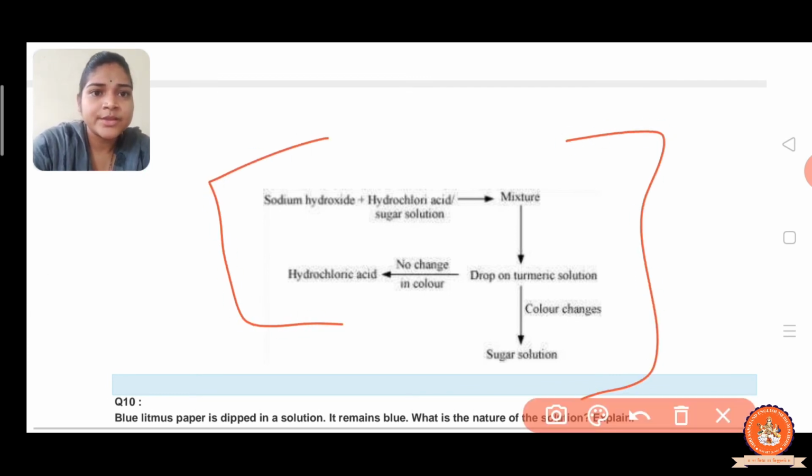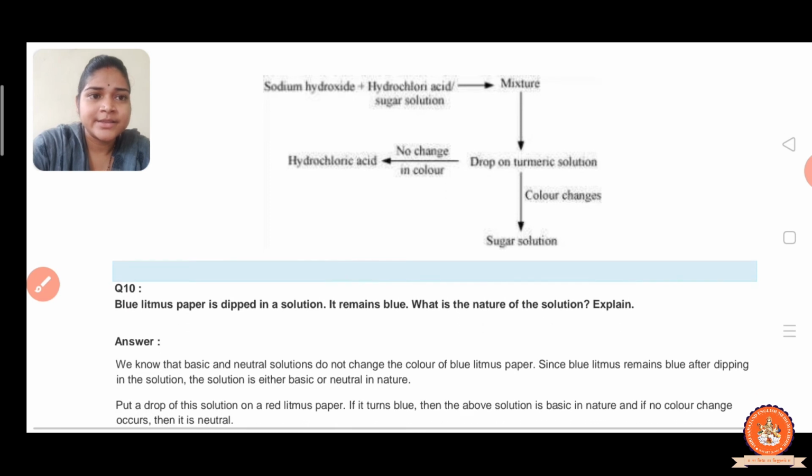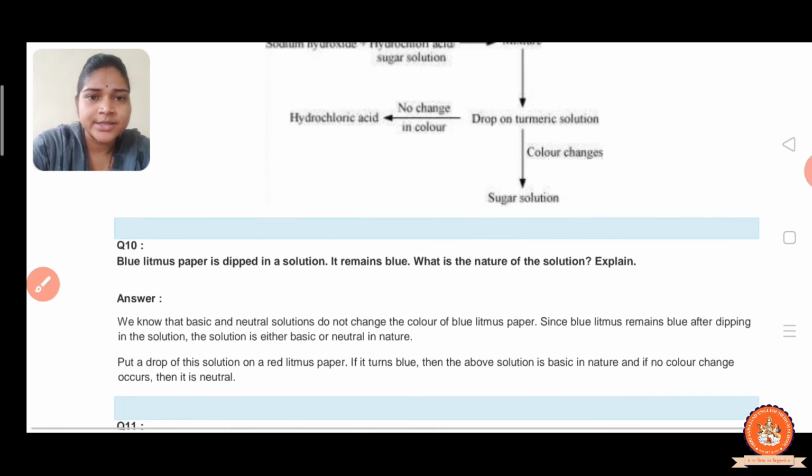See, sodium hydroxide plus hydrochloric acid mixture dropped on the turmeric paper: if the color changes, it is the sugar solution. With sodium hydroxide and the sugar solution, if there is no color change, it means the hydrochloric acid, right? So I hope you understand that.